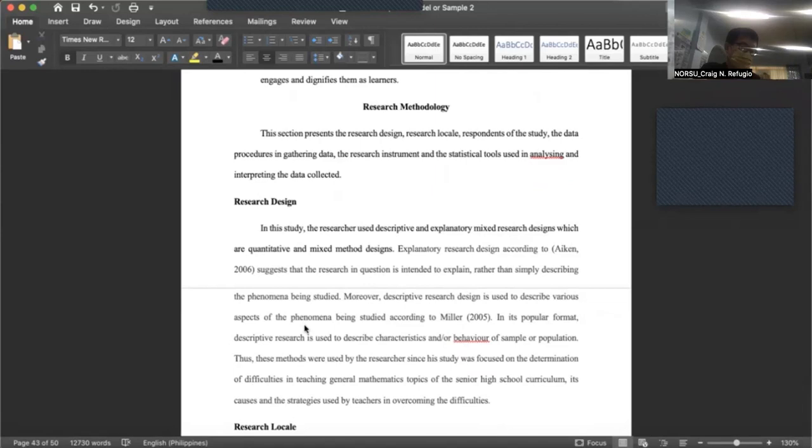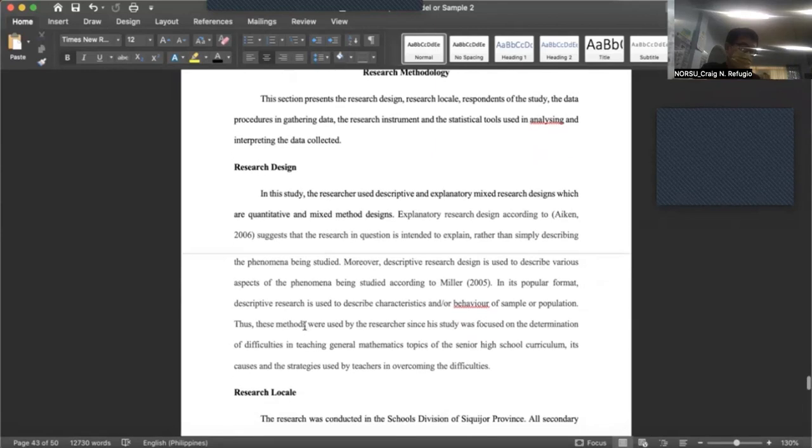And up to the statement, thus, these methods were used by the researcher since this study was focused on the determination of difficulties in teaching general math topics of the senior high school curriculum, its causes, and the strategies used by teachers in overcoming the difficulties.